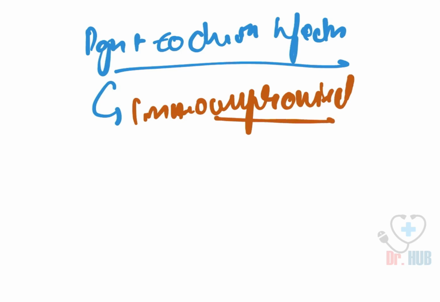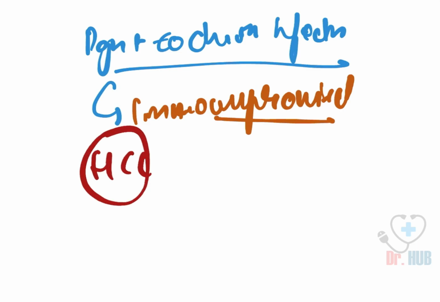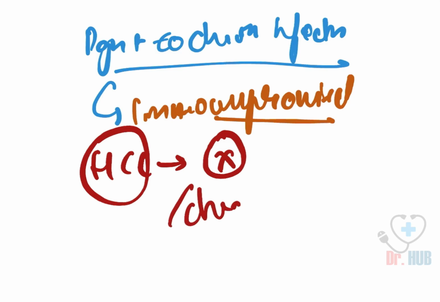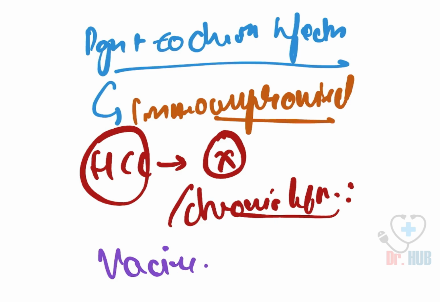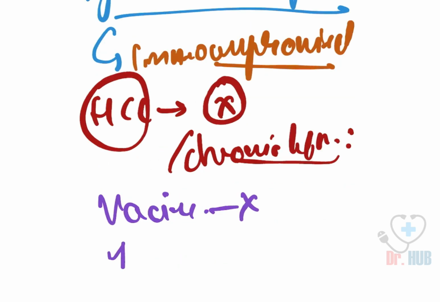Next, we look at the presence of HCC. It is not present, or it can be present in case of chronic infections. Then looking at the vaccine and therapy, there is none.